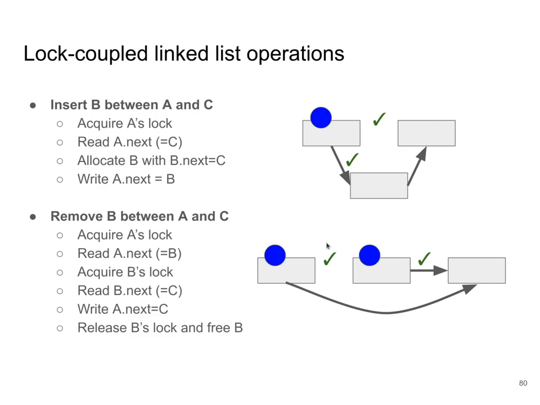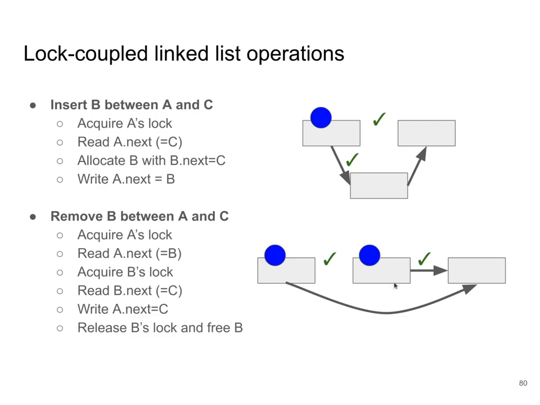And now you release B's lock and then free B. You can do that because you are the only one who can hold the pointer to this block. No other thread can point to this block, because in order to do so, it must have already acquired this lock, but this lock is held by me.